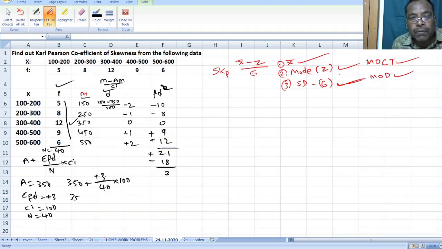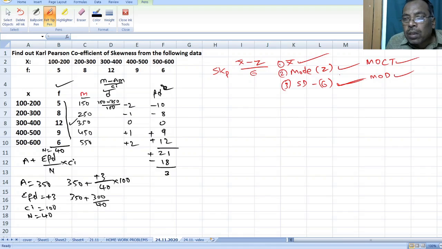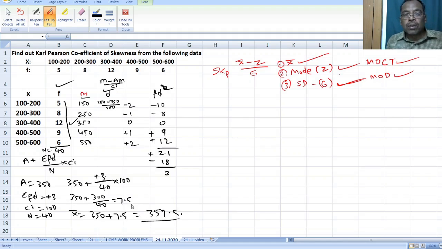So that comes to 350 plus 300 divided by 40. Now when you divide 300 by 40, you will get 7.5. So arithmetic mean is equal to 350 plus 7.5, that comes to 357.5. That is the value of arithmetic mean.